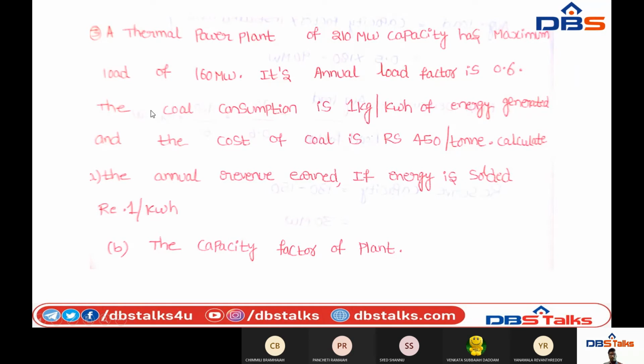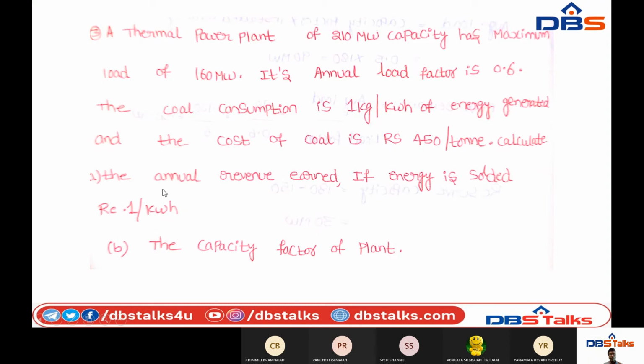If any problem is given, first of all, we need to write down the values of the data given, like 0.6. The coal consumption is 1 kg per kilowatt hour of energy generated, and the cost of the coal is per ton, that means per 1000 kgs, the charge is 450 rupees.